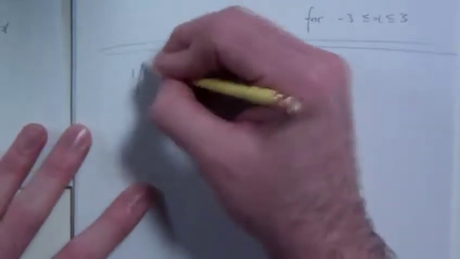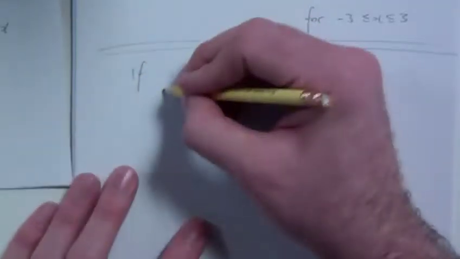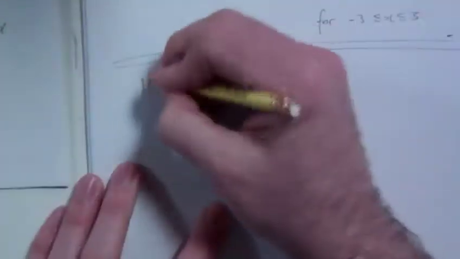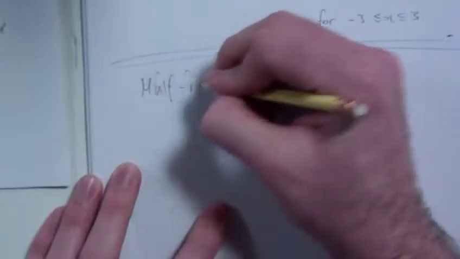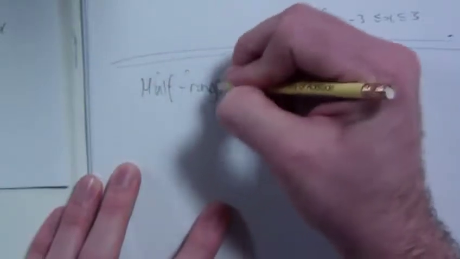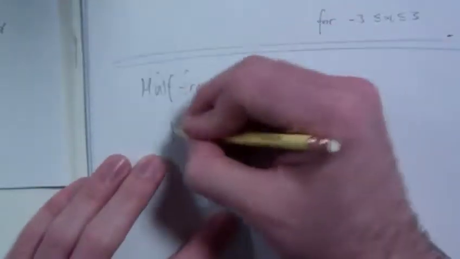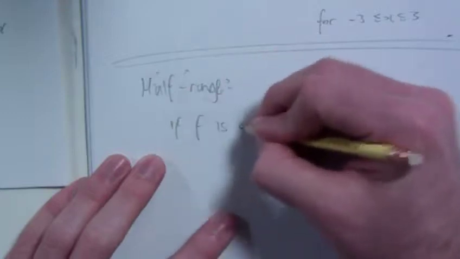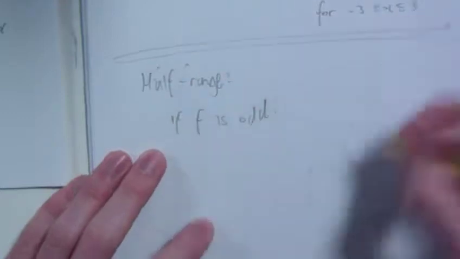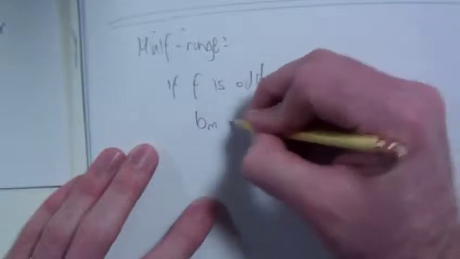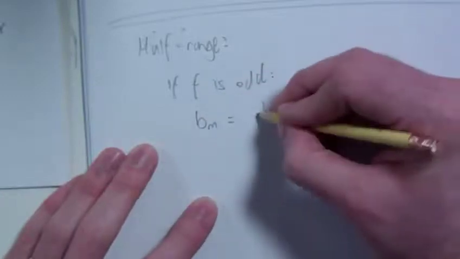So we can do the half range, right? In a way, it's really the half of the domain. I don't know why they call it half range, but half range, if f is odd, then you'll be able to just do the bm's and everything.